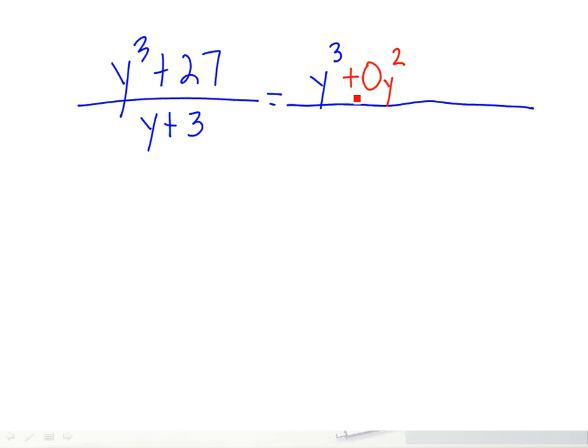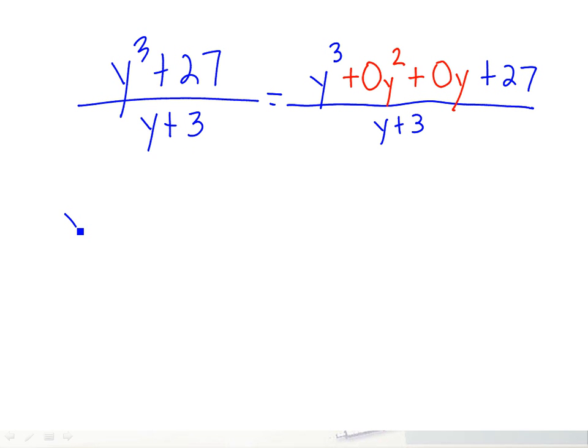What's next? We're missing also a y term, so we're going to put plus 0y. And what comes next? The constant. It's plus 27. Okay. And in the denominator, are we missing any terms? Because if we're missing any terms in the denominator, we're going to also have to provide placeholders. But we're not. We got y to the first, and then we got the constant.